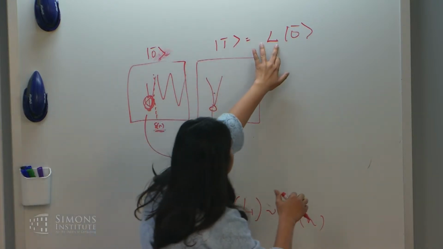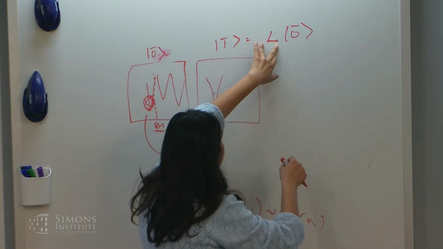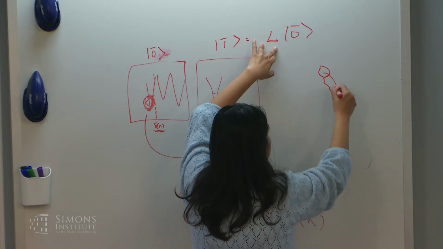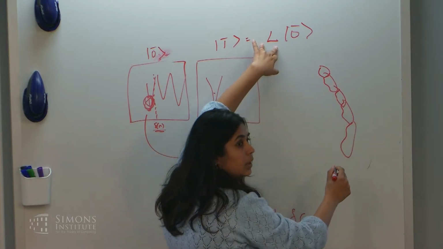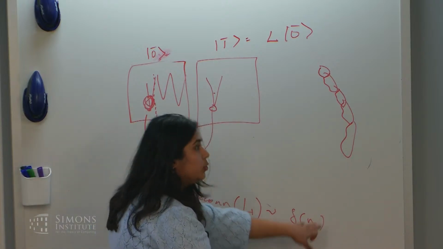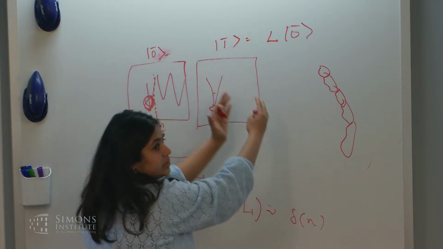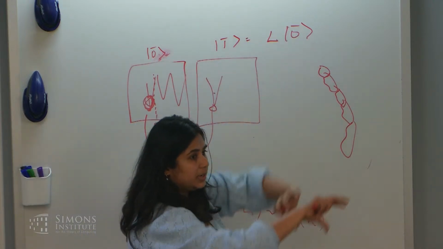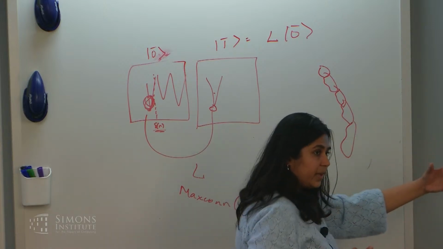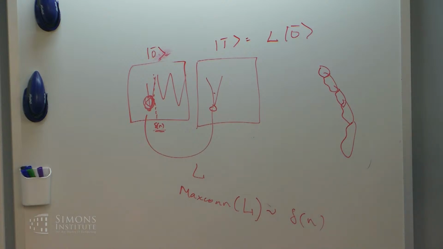And you can show that you can think of building up this logical operator in big connected pieces, and it has to have a size of order delta n. So in order to go from this to this, you have to make a large connected fluctuation, or operator, of size at least delta n. And that's very atypical from the perspective of the types of things that thermal fluctuations generate. Any more questions?